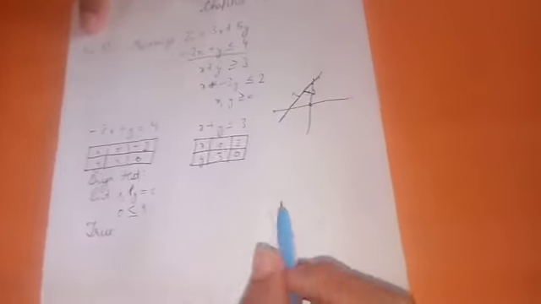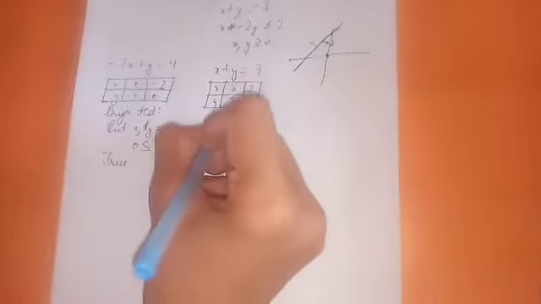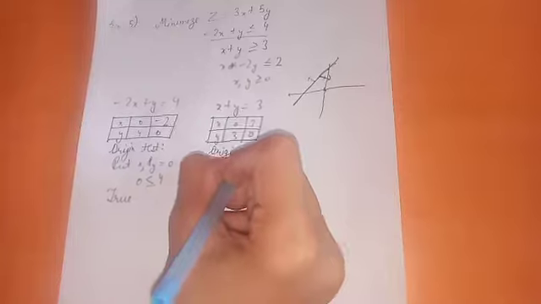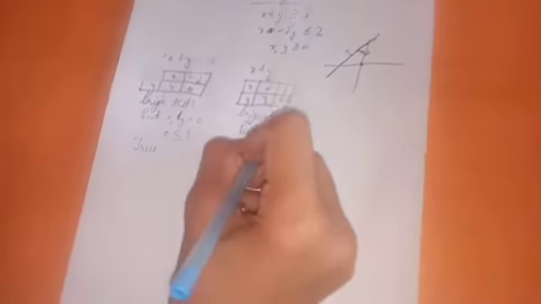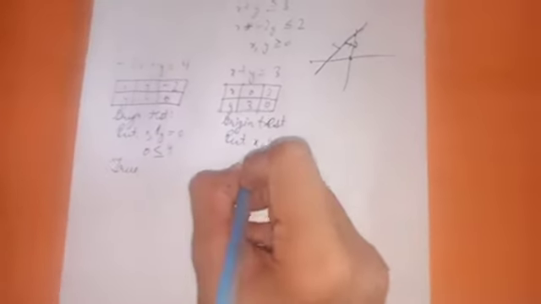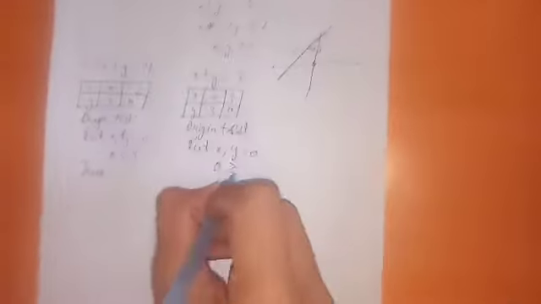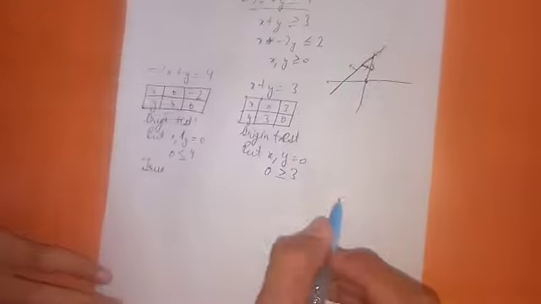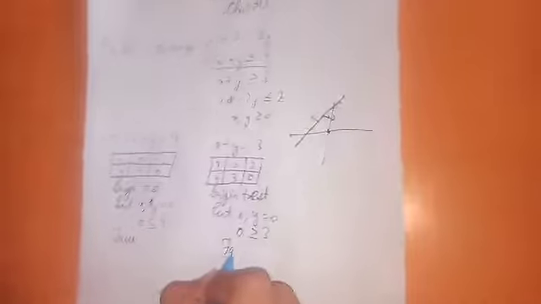Now again we will check which values satisfy this inequality, so we do the origin test. Put x and y equal to 0. We get 0 is greater than or equal to 3. Is it true? No, it is false.